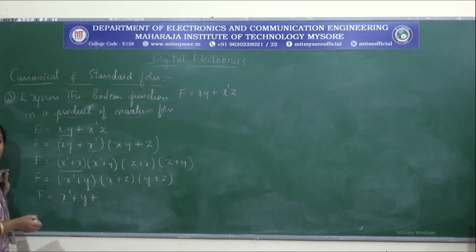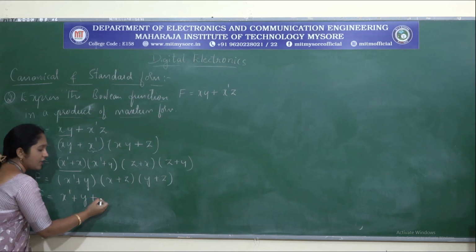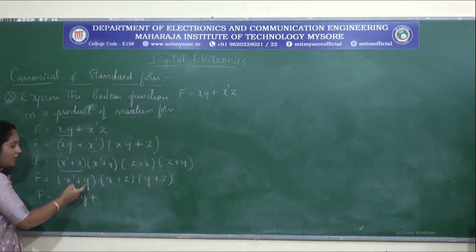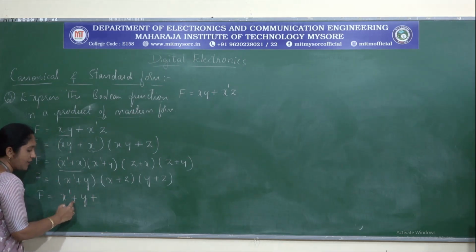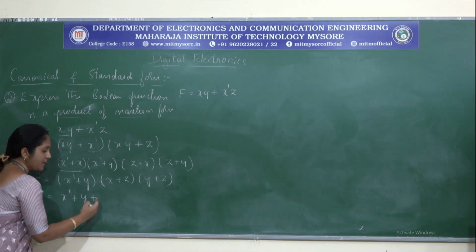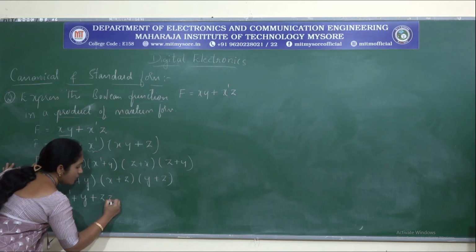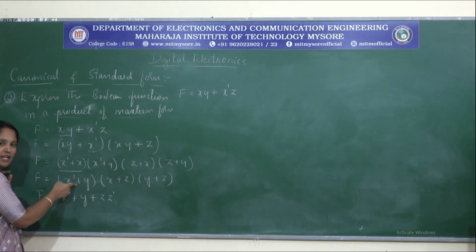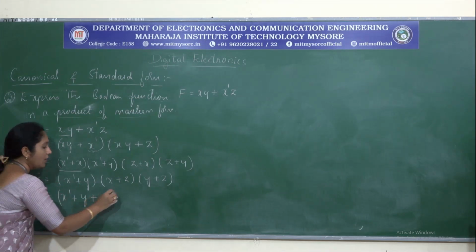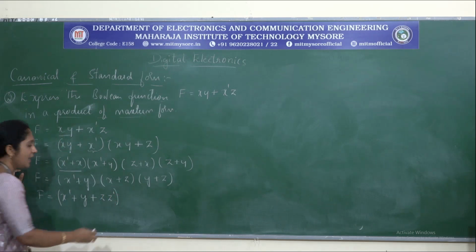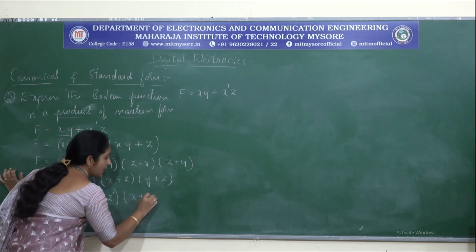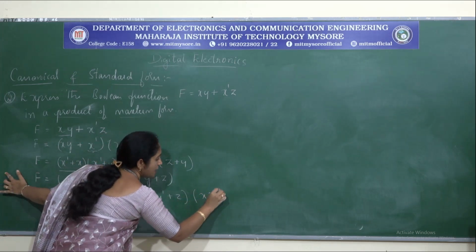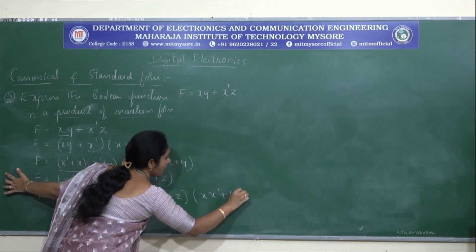So we should add another term, the missing literal, such that it does not change the original expression. So x dash plus y we have, plus I am going to write z into z dash which is equal to 0. So 0 or anything will be the same as this function. Therefore I am going to write like this. Again, here we have the missing literal as y dash. At last we have x dash as the missing literal.